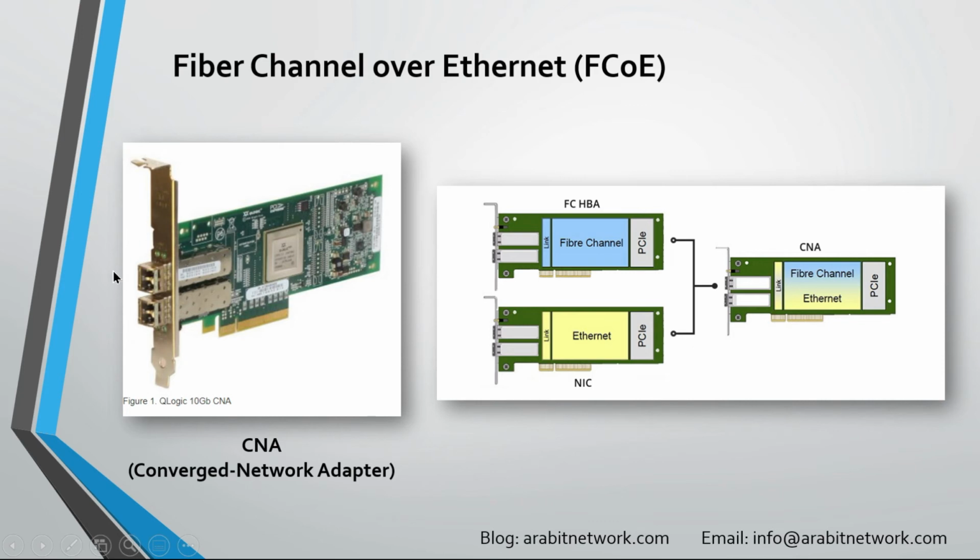Well, on the other end of the cable, this adapter will be connected to a specific type of network switch that supports both kinds of traffic, the Fiber Channel traffic and the Ethernet traffic.